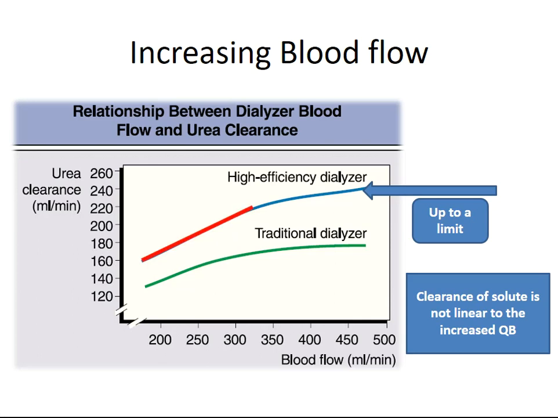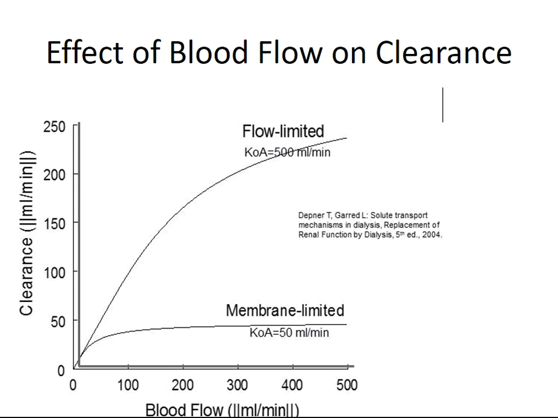Increasing after 350 mL per minute is not linear. So we have improvement up to a limit, then the curve is limited by the simultaneous increase in the blood flow and the clearance value.